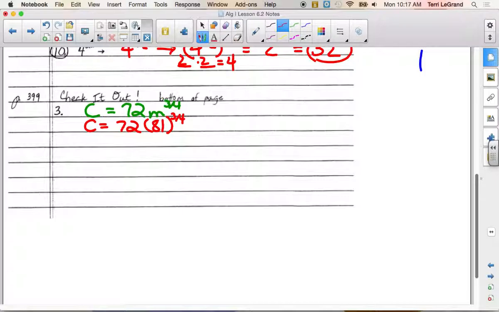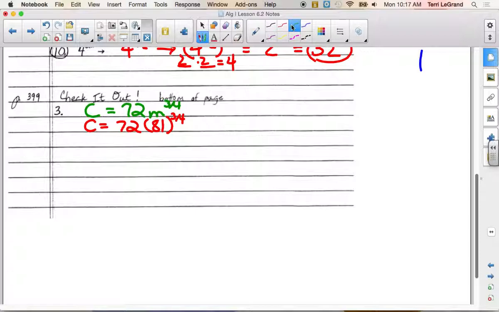Okay. What comes first in order of operations? Do we do that power first, or do we multiply first? Power first. In this case, the parentheses are really just showing multiplication and taking to a power. But in reality, we have two things going on: a multiplication and a power. So which one should we do first? We should do the power first.